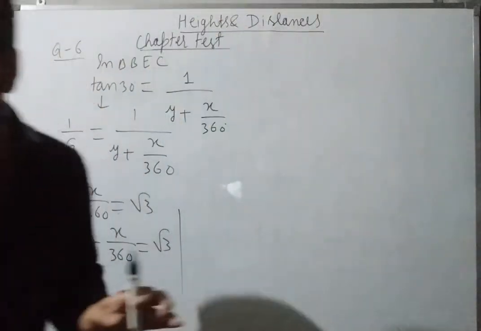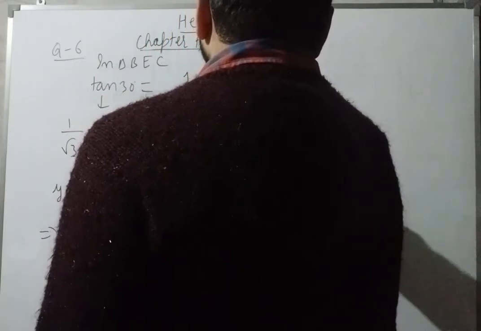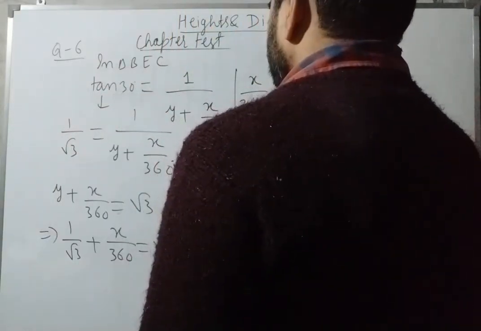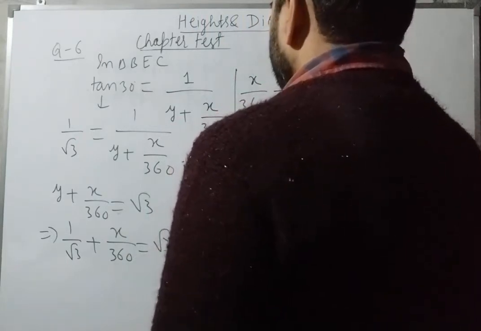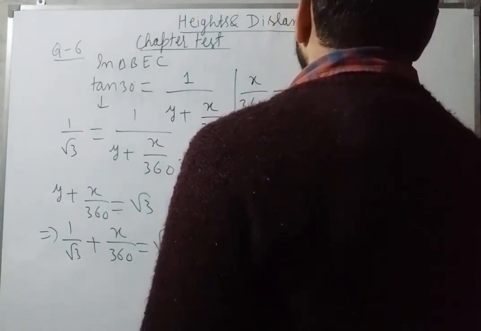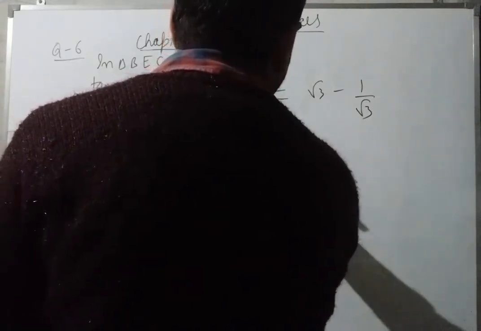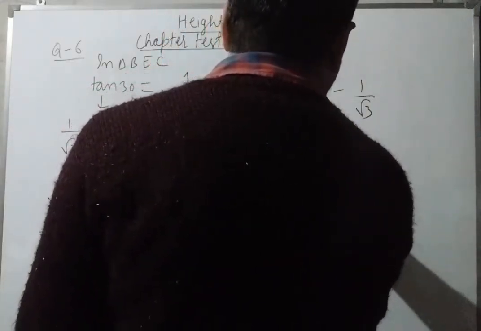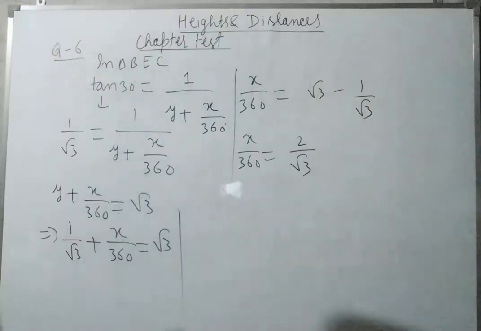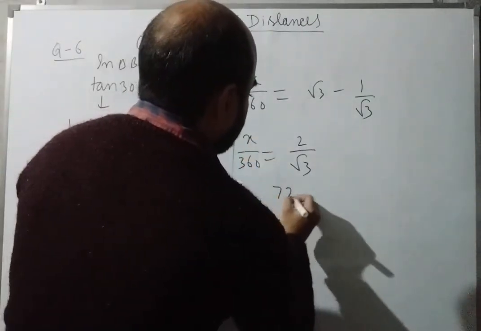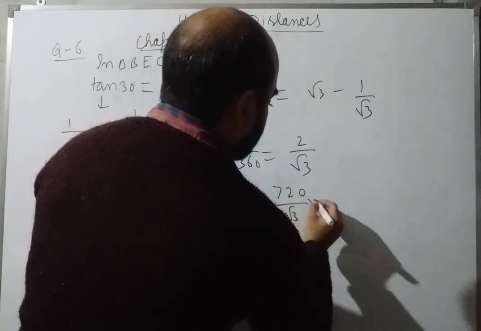So x upon 360 will be root 3 minus 1 upon root 3. So this will give 2 upon root 3, correct? So x is equal to 720 upon root 3 into root 3.